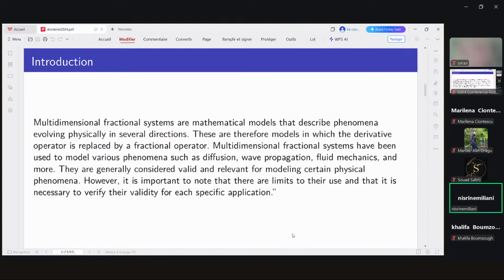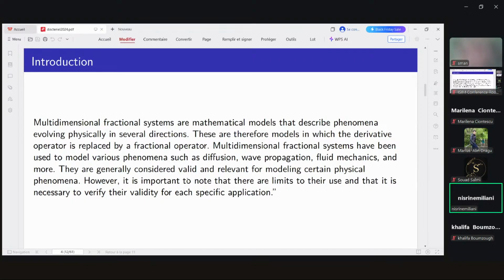Now, in the introduction, multidimensional fractional systems are mathematical models that describe phenomena evolving physically in several directions. These are therefore models in which the derivative operator is replaced by a fractional operator.